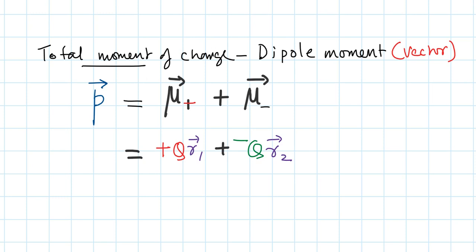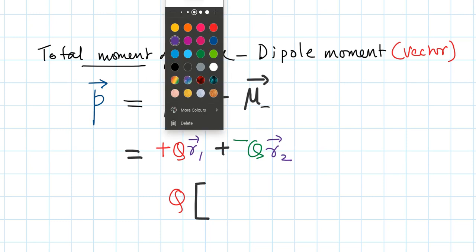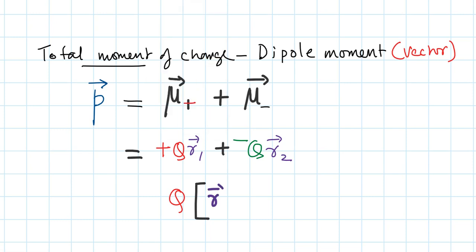Now as you know, the two charges have similar magnitudes, so we can pull that q outside. What's inside is vector r1 minus vector r2, where the minus belonged to the minus q and was left over inside the bracket.